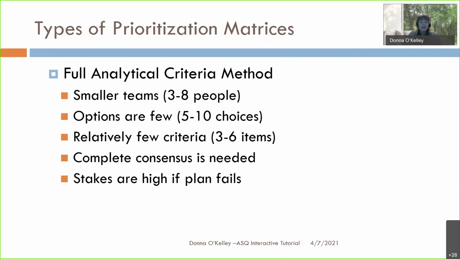So the full analytical criteria method, this is the method I'm going to discuss today. It's for smaller teams. The magnitude of your options is not big. It's 5 to 10 choices, relatively few criteria, 3 to 6 items. Complete consensus is needed here, and the stakes are high if the plan fails.